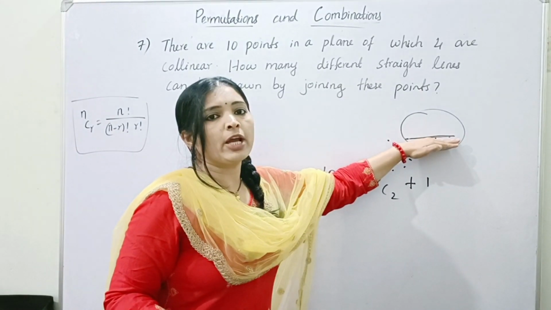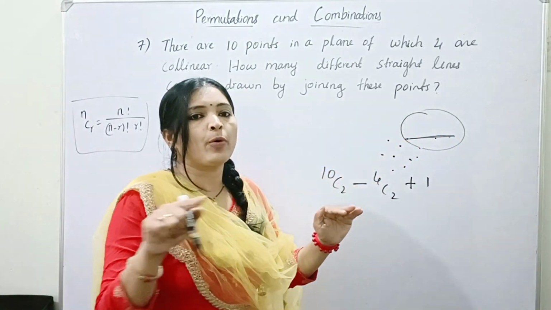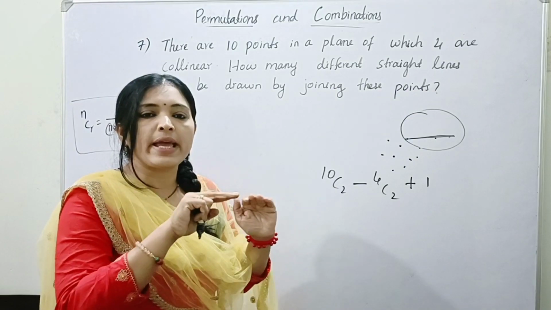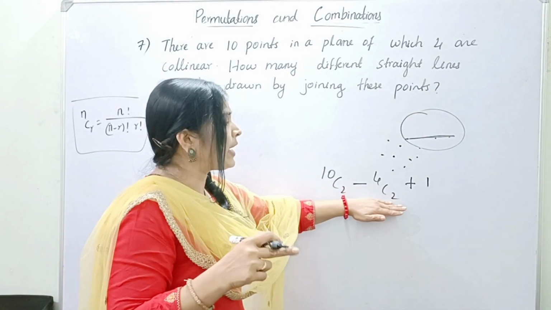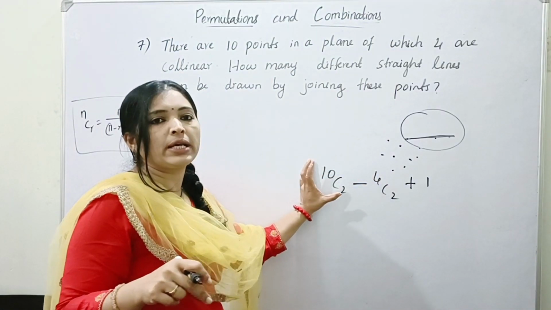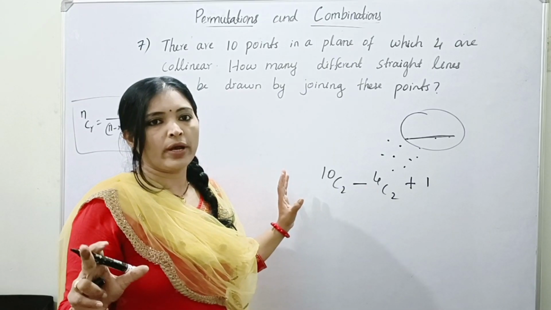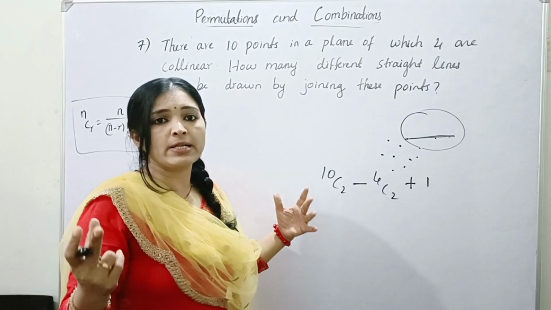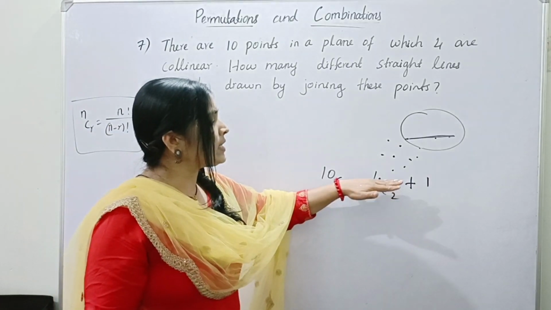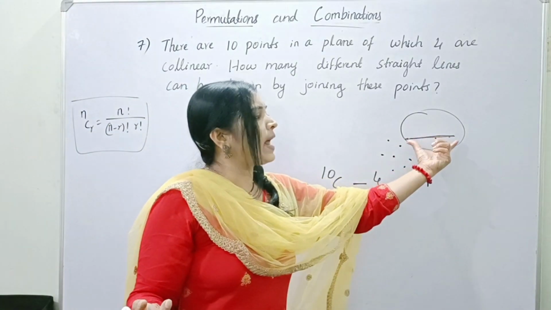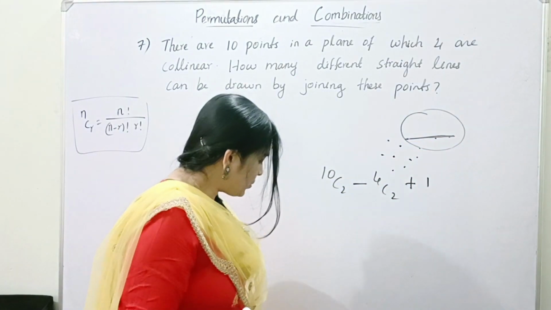Because we can make only one straight line from these collinear points. 10C2 means the total straight lines, the number of ways of selecting lines out of 10 points, taking 2 at a time. So subtracting 4C2 and plus the collinear points line, that is plus 1. So it is the answer.